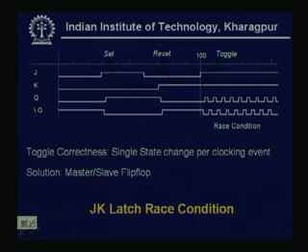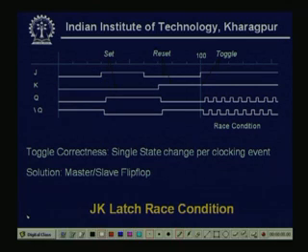Now, if we see the timing specification or timing diagram of the JK latch, then see this is the J input. Up to this time, J is 0 and K is also 0.